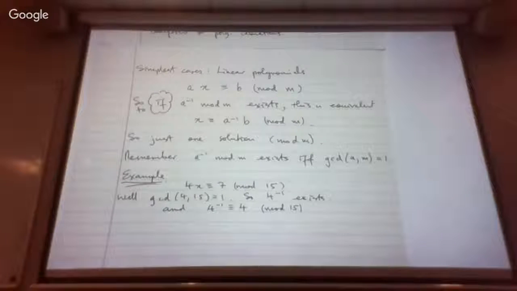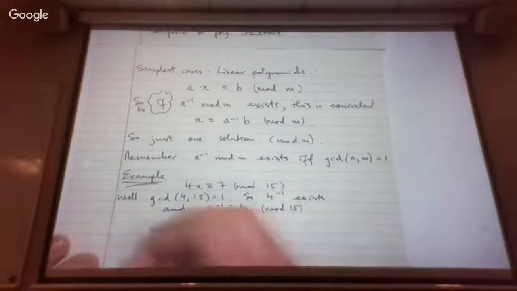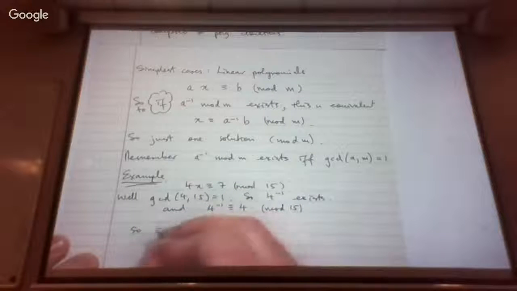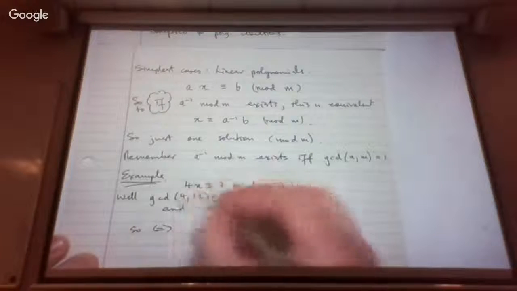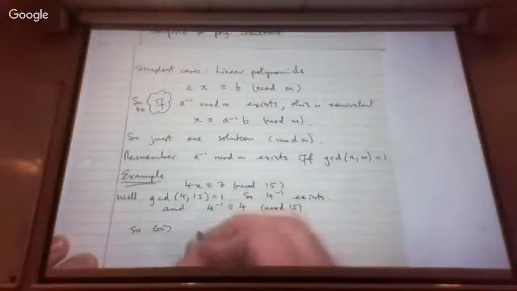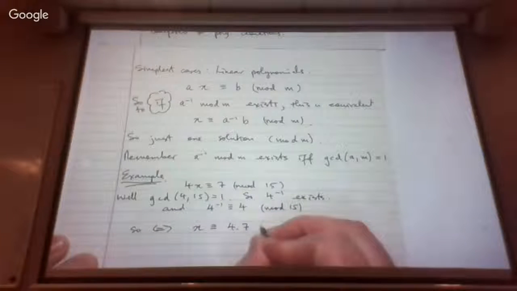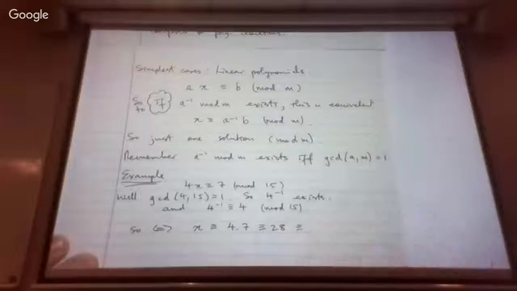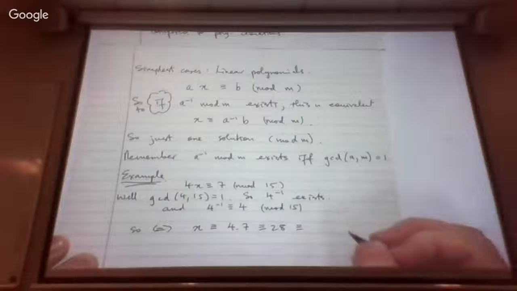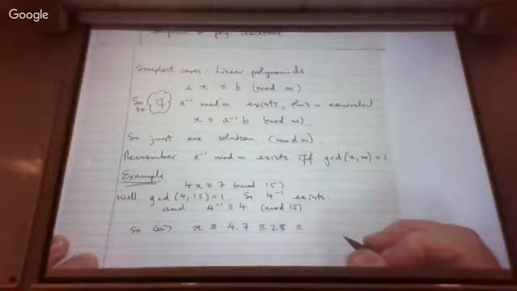You can undo that operation because you've got the inverse of 4, just multiply again by 4. So the original congruence is equivalent to x being congruent to 4 times 7, which is 28, which we normally write modulo 15 as 13.